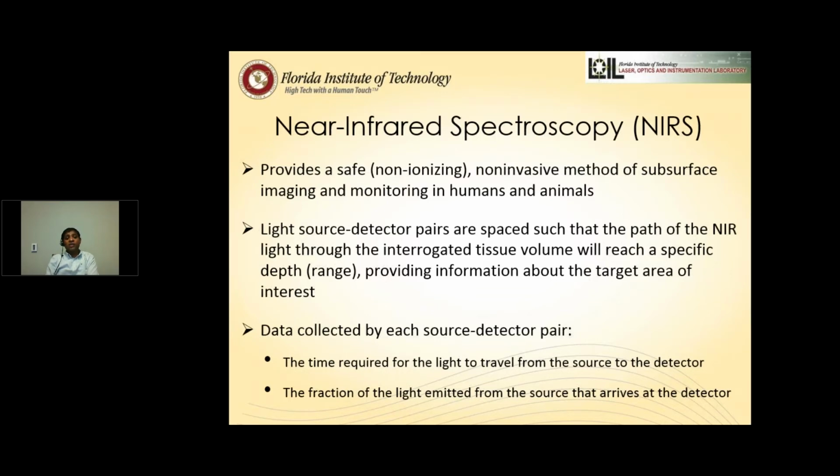So what we have been working on for the past few years is near infrared spectroscopy, or NIRS. Why? Because it is a safe, non-ionizing method, and it can be used to monitor humans and animals. So it basically is a light technology. You have a source and light detectors placed at a certain distance, and you measure the signals from there.